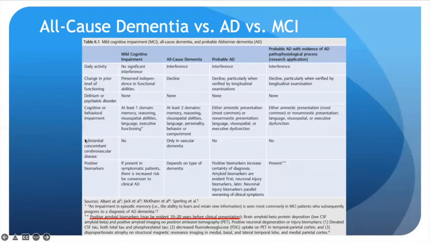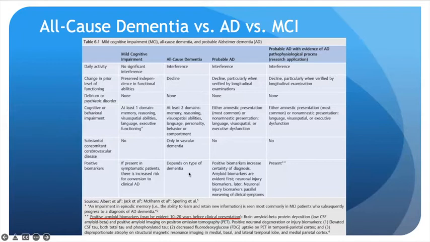There's only substantial concomitant cerebrovascular disease in vascular dementia. And the presence of positive biomarkers depends on the particular dementia as well. If present in mild cognitive impairment, there might be increased risk of conversion to clinical Alzheimer's disease.